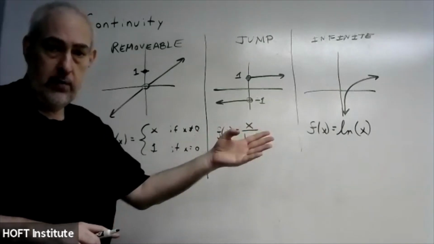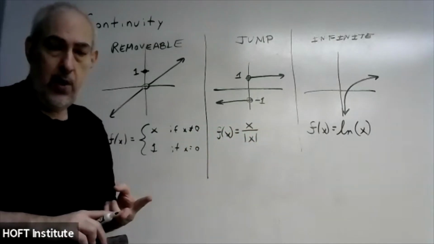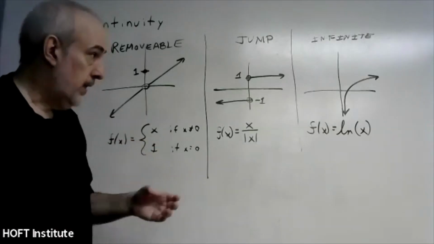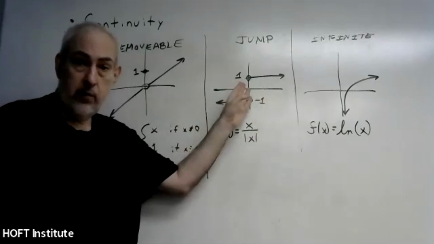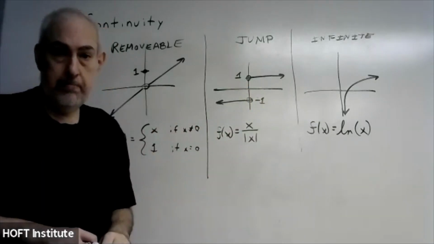It's an infinite discontinuity. If the limit from the left and the limit from the right exist but are not equal, like one's going to -1, one's going to +1, then you can stop and say it's a jump discontinuity.